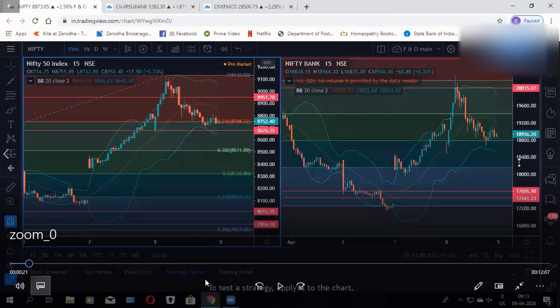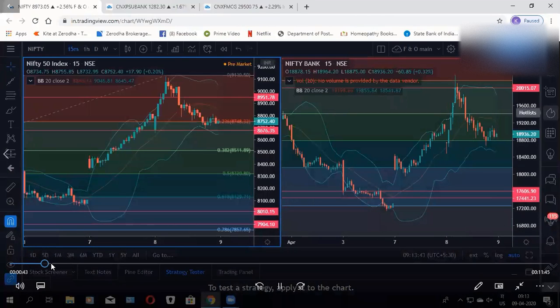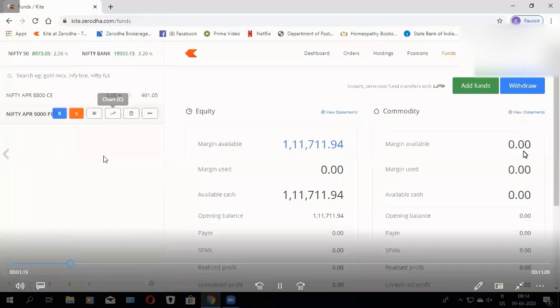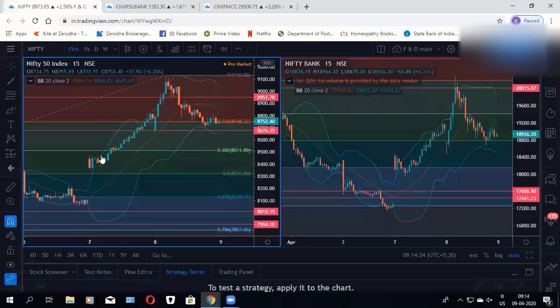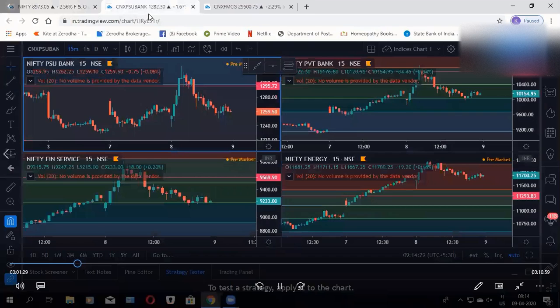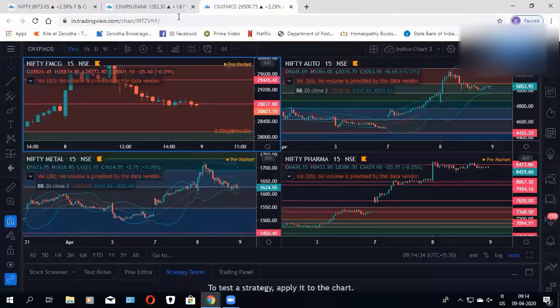Okay, so now let's check how we do it. If you note it properly, it is still not 9:15. Just check the timing. It is 9:14, and the market has not yet begun.